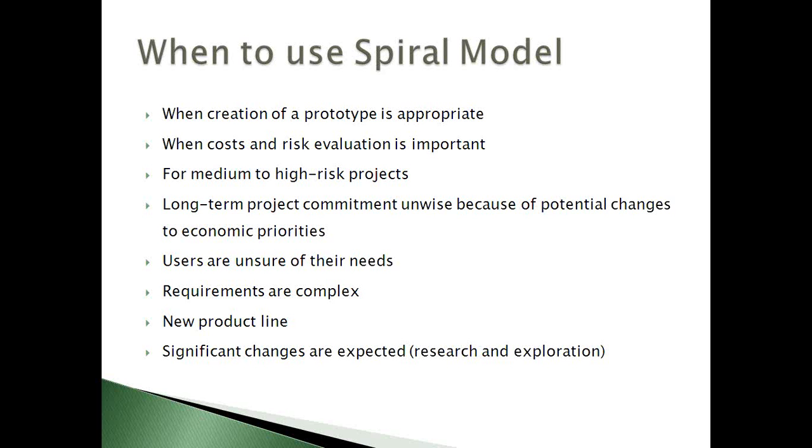Once the requirements are complex, if you have any new product line, and any significant changes expected related to research and exploration. So all these are the different concerns of the different cases when we are going to use this spiral model.